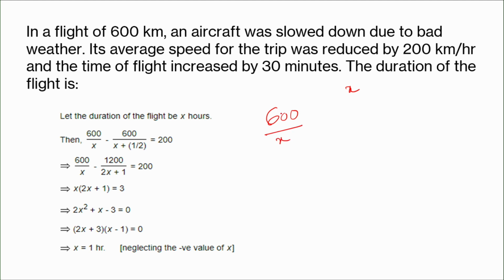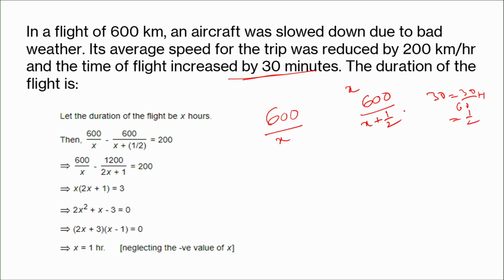Distance by time is velocity, 600 by x. If it is 600 kilometers distance, the time is x plus 30 minutes increased. 30 minutes you can say as 30 by 60 hours, that is 1 by 2 hours, so the time is x plus 1 by 2.